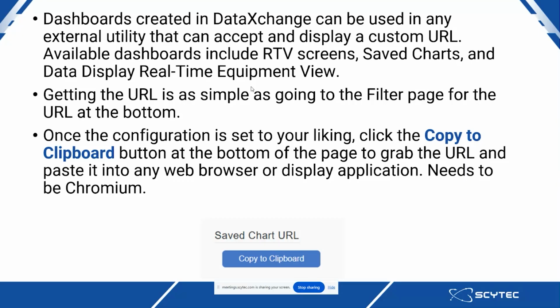Getting the URL is as simple as going to the bottom of the filter page and grabbing that URL, and then you can paste that inside of any web browser or display application. The only thing of note is that the browser you paste this into needs to be Chromium-based, such as Google Chrome.